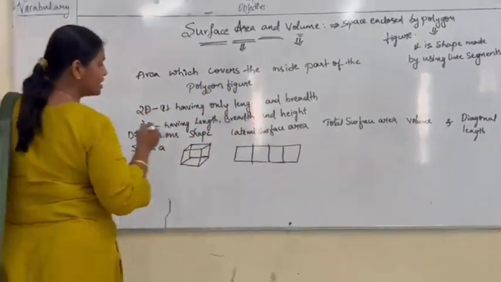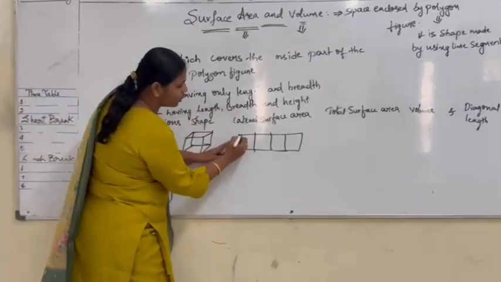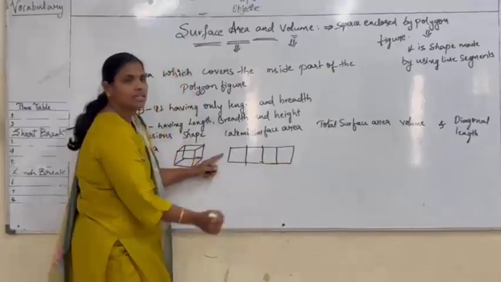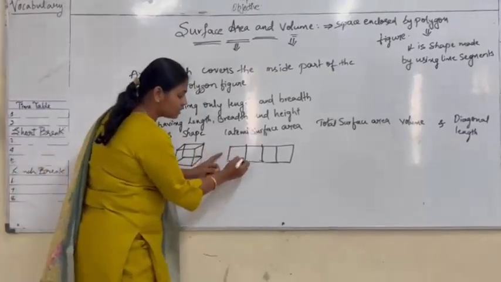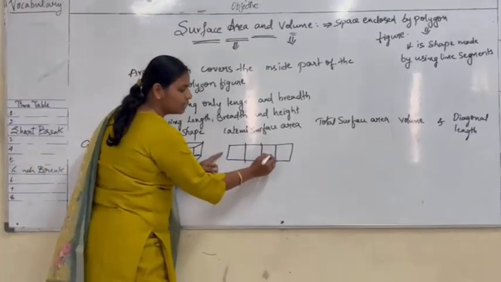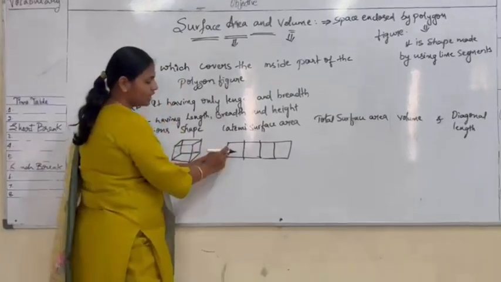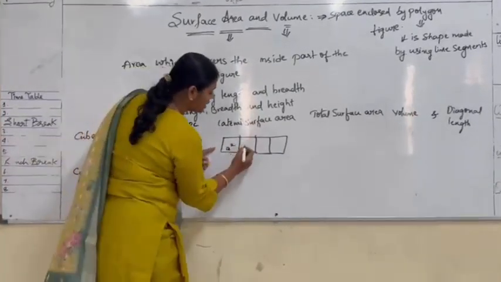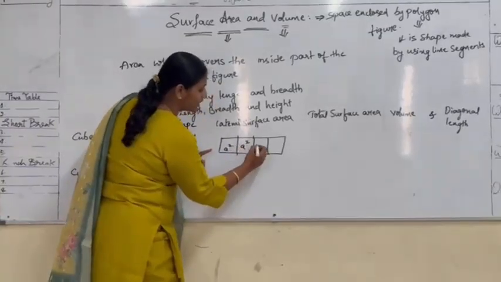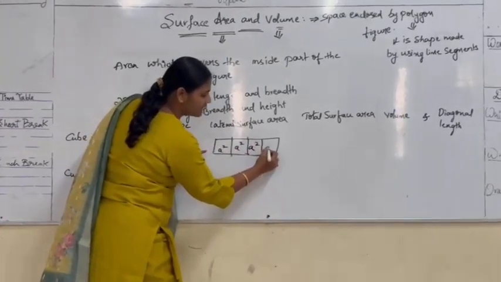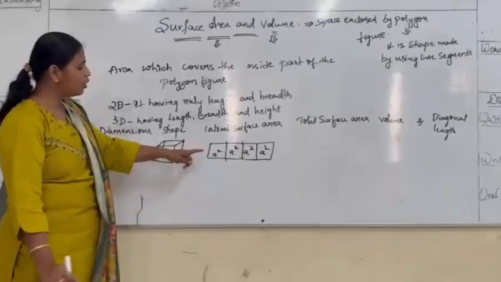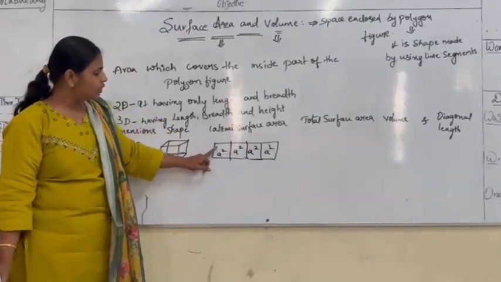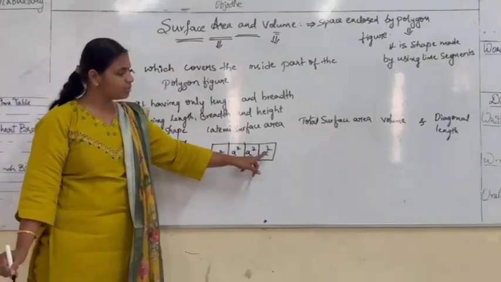There are 4 squares. What is the area of a square? The area of each square is a square. Leaving top and bottom, we get a square plus a square plus a square plus a square.